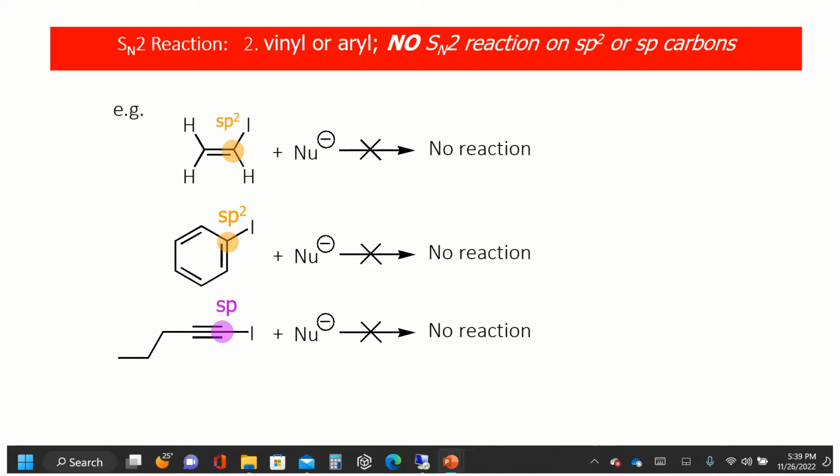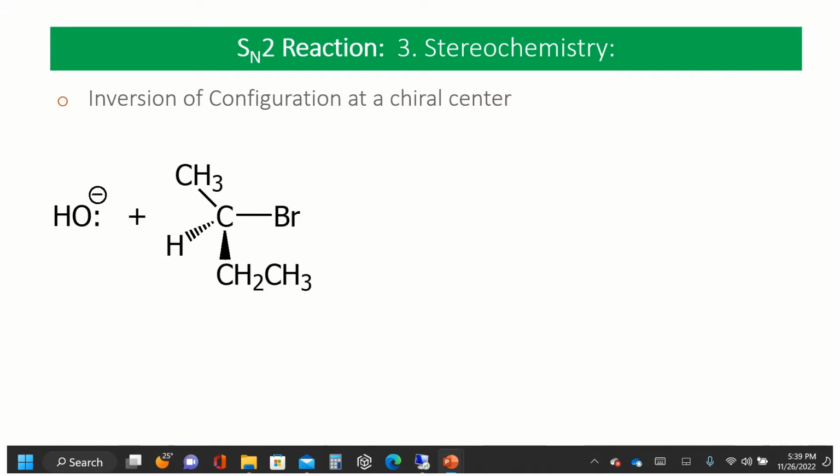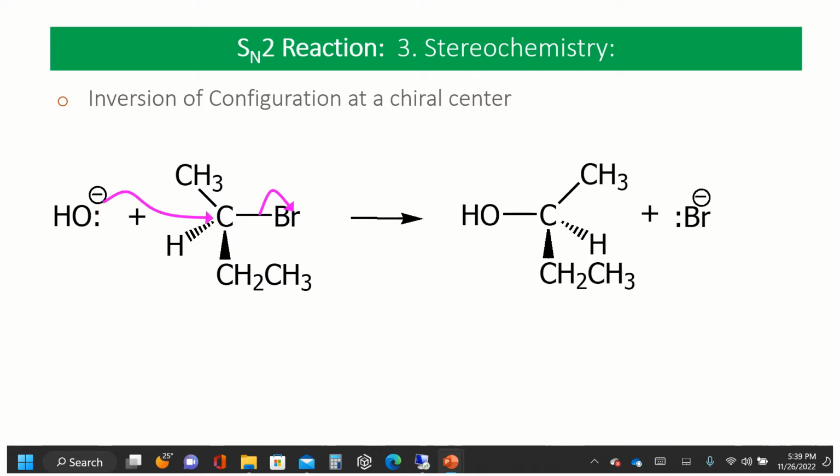Let's look at the reaction in more detail, especially that concerning stereochemistry. If we look closely, we have again our electrophilic center and oxygen, which is our nucleophilic center, and we end up with our inversion.